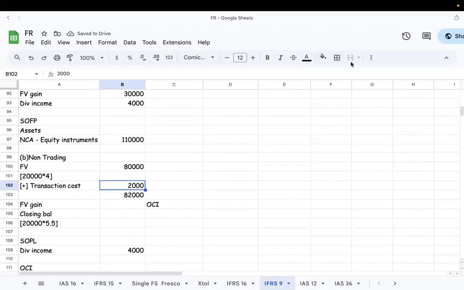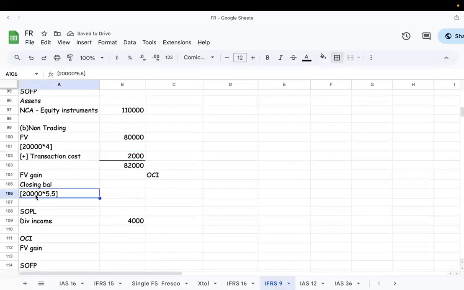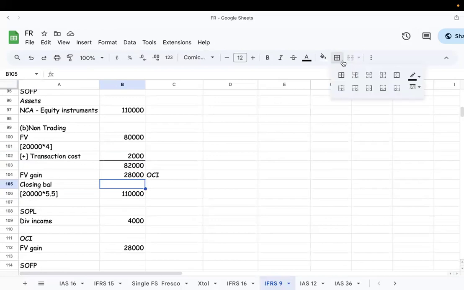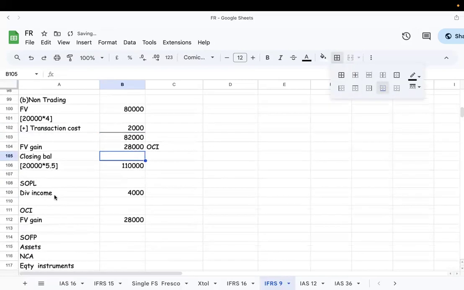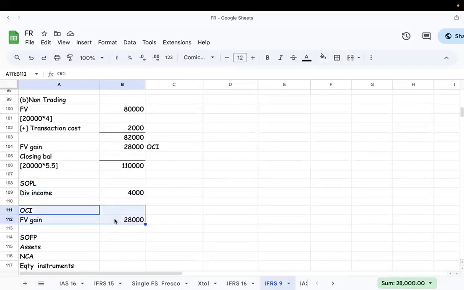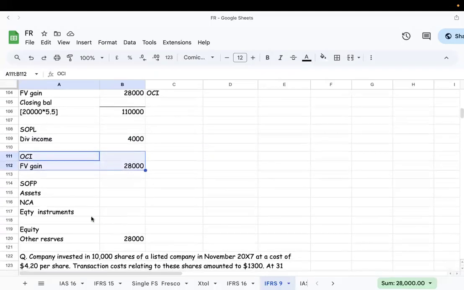At the year end, you revalue the investment again under fair value, and the difference of this amount would be taken into OCI because you're using fair value through OCI under non-trading instruments. So in the SOPL you would have the dividend income, and under OCI you get the fair value gain or loss of equity instruments.